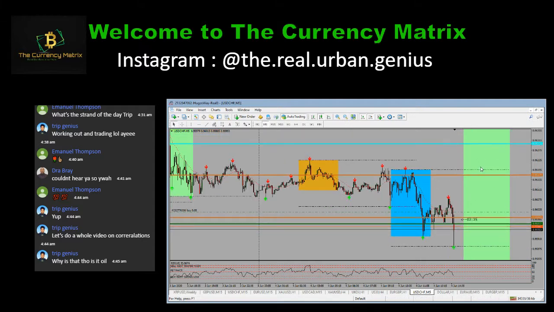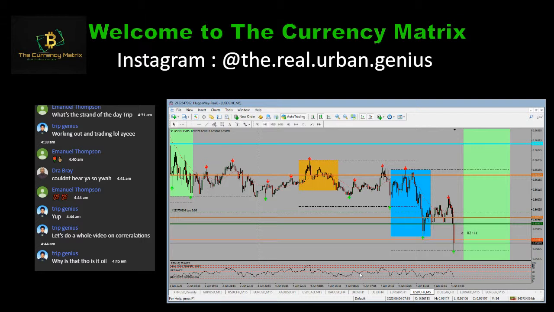This green box here is signifying the New York session over here. So as you see, it's really gonna get really volatile in this next 15 minutes. Jobless claims and all sorts of data was released on the dollar today.